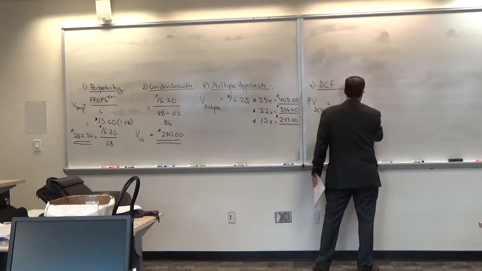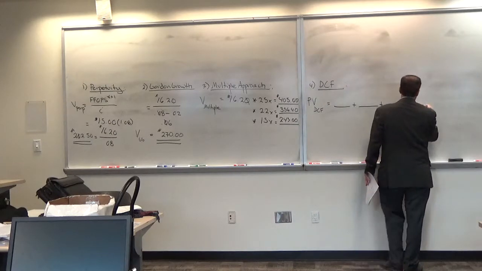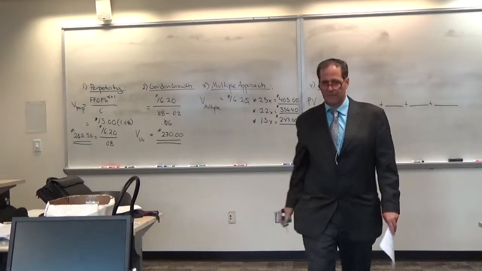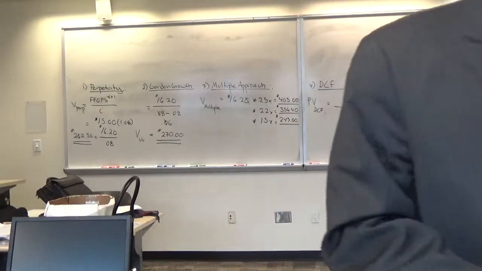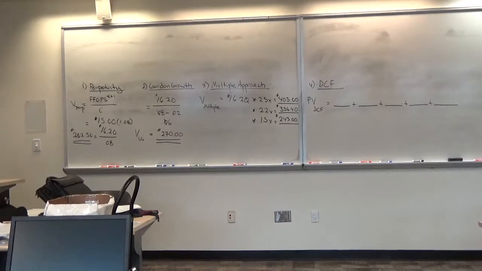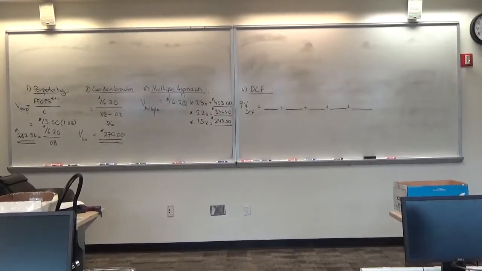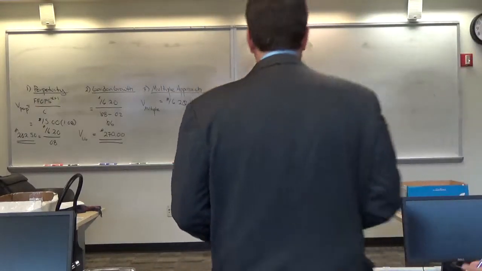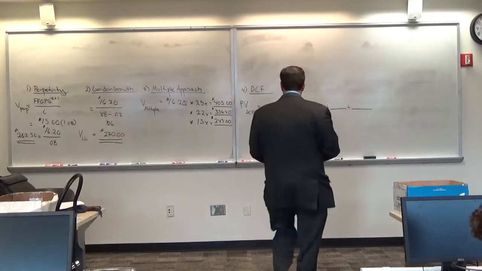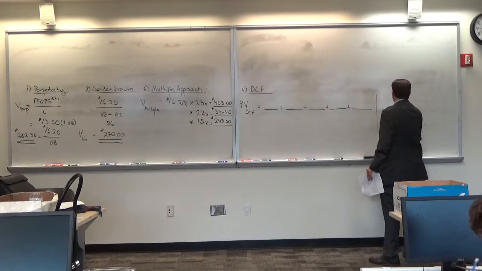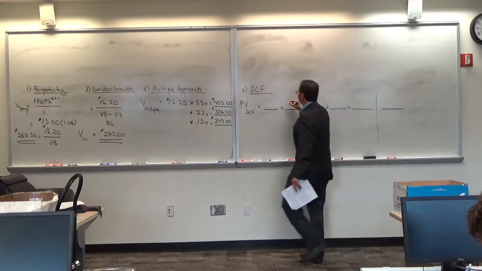Got it. And how many cash flow years do we need? 6. And what do we use the 6 year for? Terminal value.